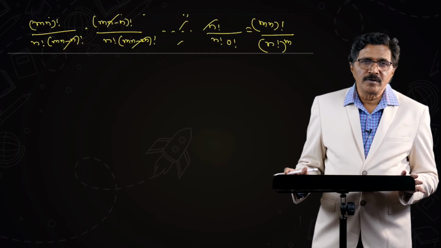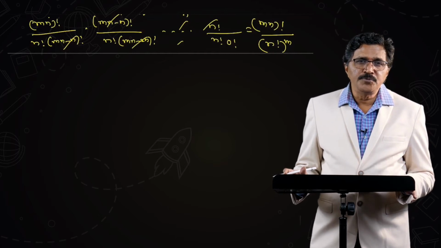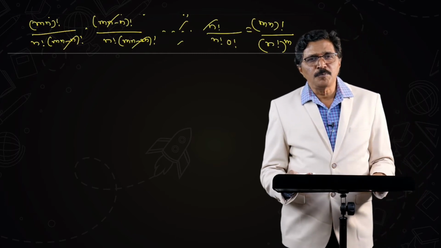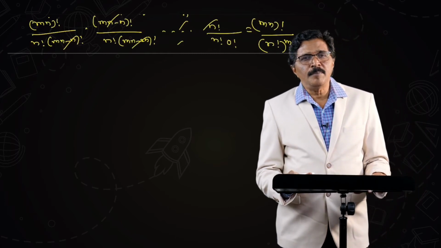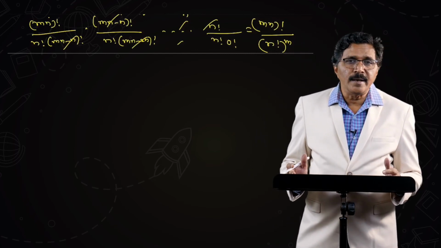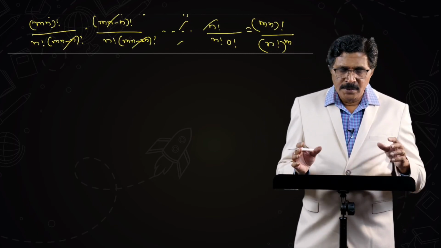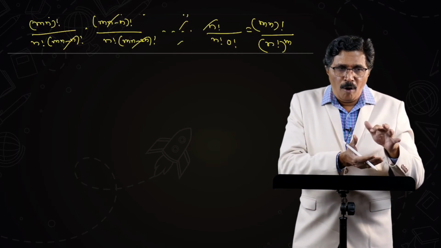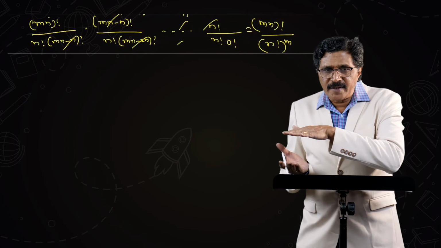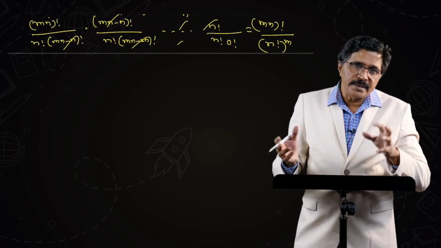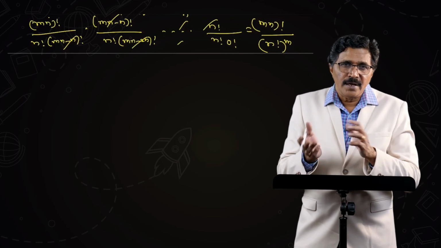In the example that we have given, we are distributing these objects to people. But suppose instead of distributing these objects to people, we are distributing them into identical boxes. If we are distributing them into identical boxes, once you keep some objects into a box and some objects into another box, and if the boxes are identical, interchanging of the contents has no impact.